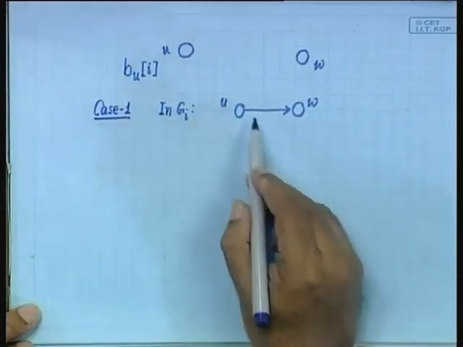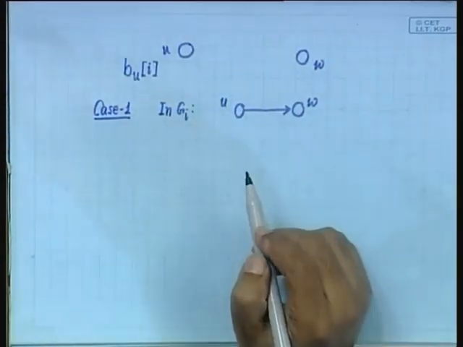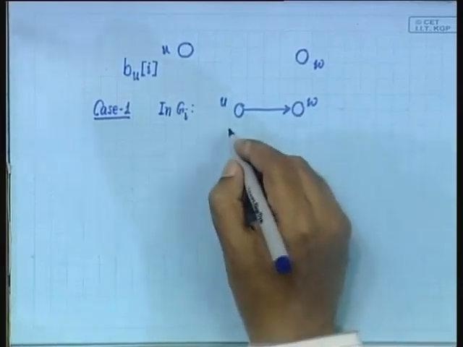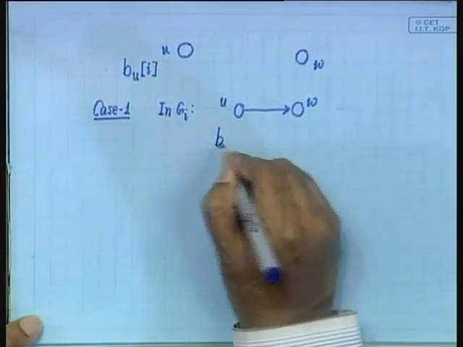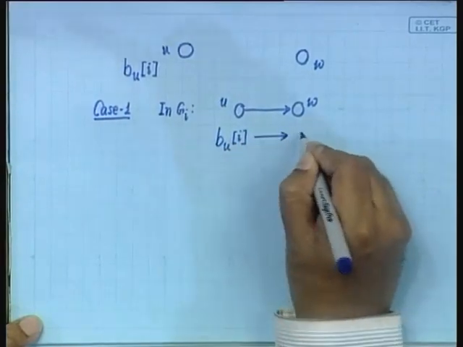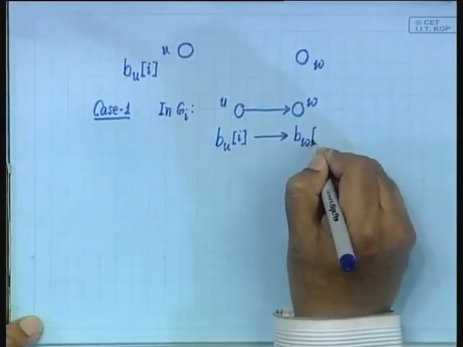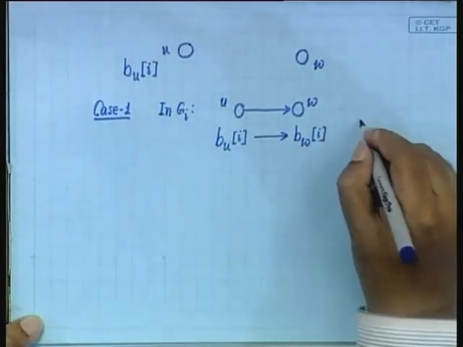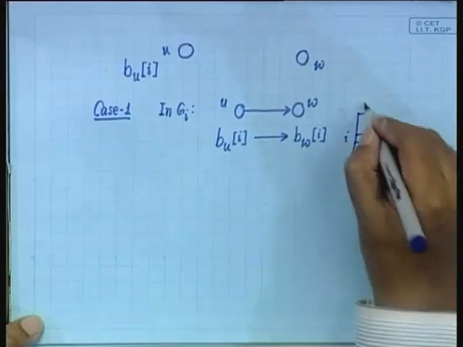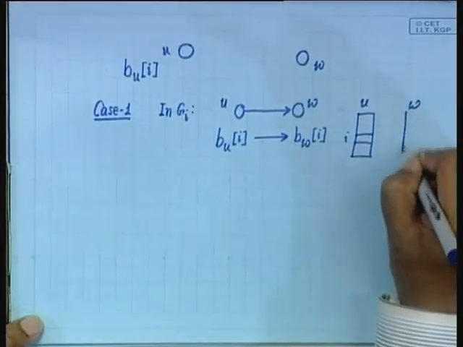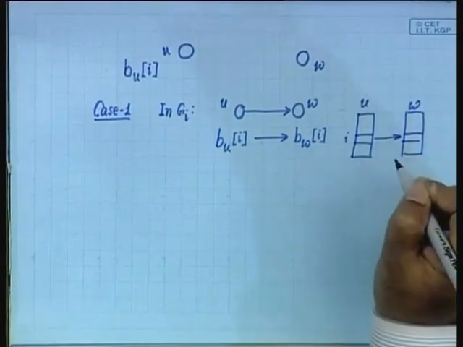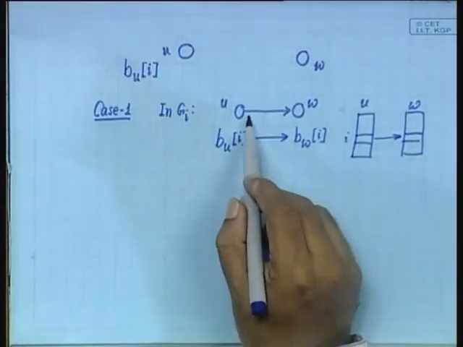If there is an edge from u to w in gi, okay, then I am going to move the packet from bui to bwi. In other words, if it was in this buffer in u, then when it goes to w, it goes to a buffer on the same plane, as if it is moving along the edge of gi, right.